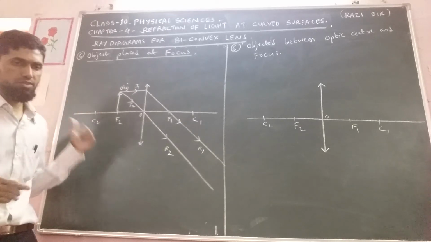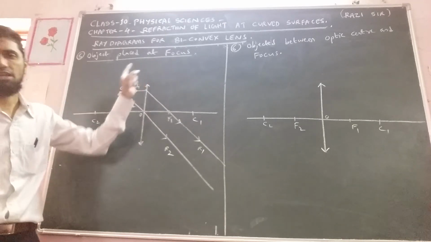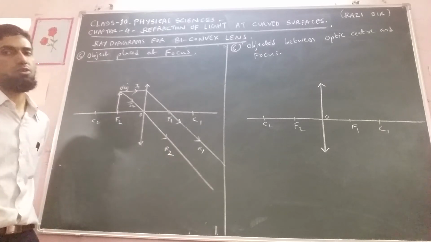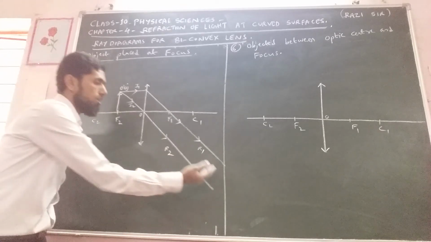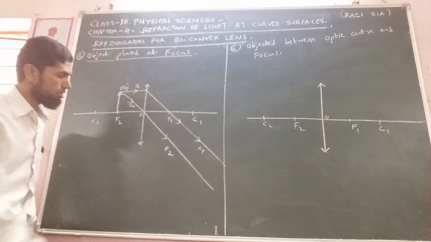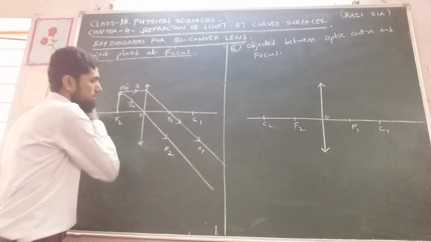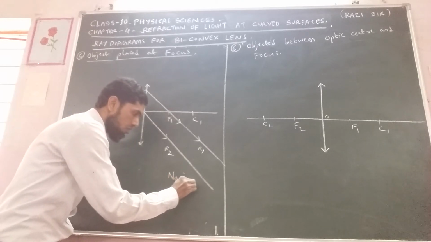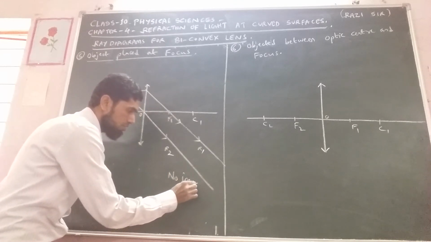So in this fifth case, when the object is placed at a focus, we find that there is no image formation in front of the lens, and also behind. So we take that there is no image formed.